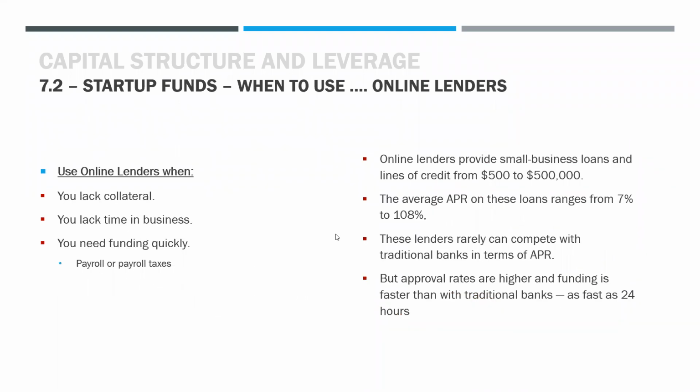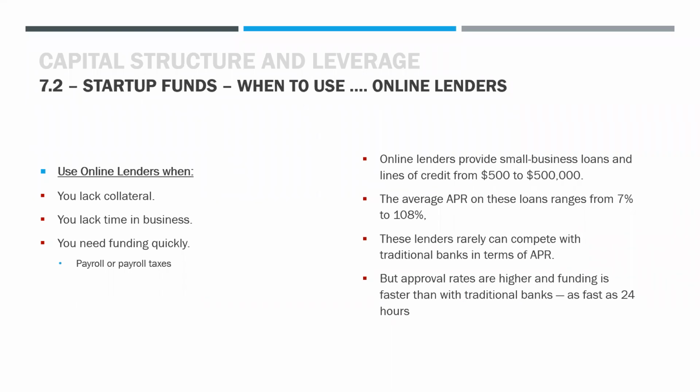So online lenders, things like your Lending Tree or Prosper, or some of the peer-to-peer loaning sites that are out there. What was it? Prosper, Lending Tree, there's a few others.